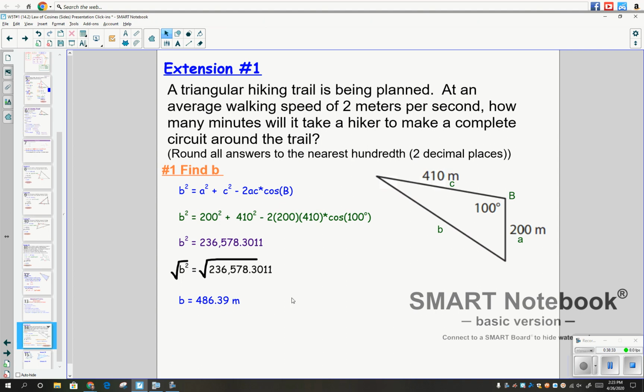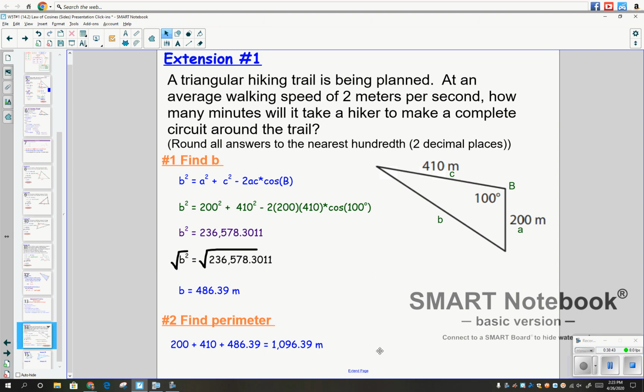So now that I know all the sides, I can find the perimeter. Add up all the sides. 200 plus 410 plus 486.39, and I get 1,096.39 meters. That's the distance of this trail. But the question is, how long will it take for them to hike around it? Well, they're walking at a speed of what? 2 meters per second.